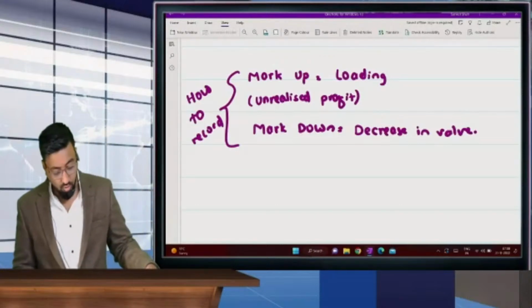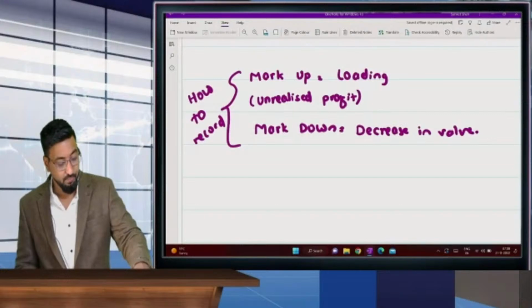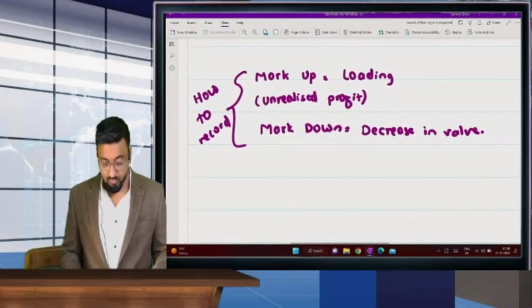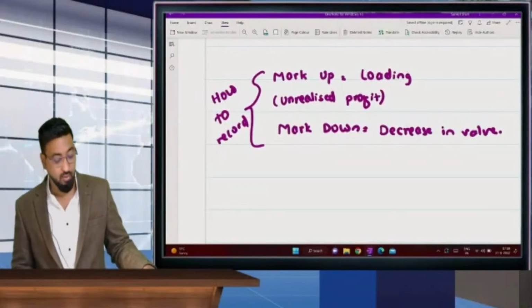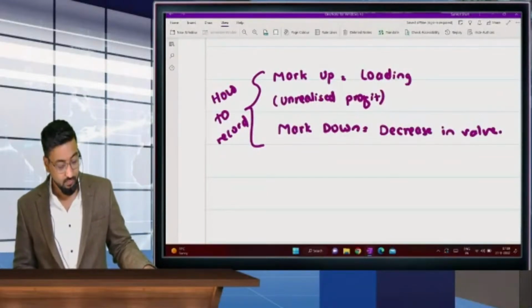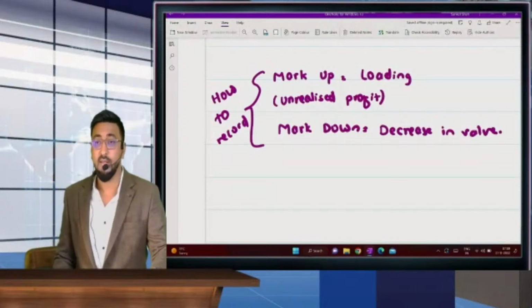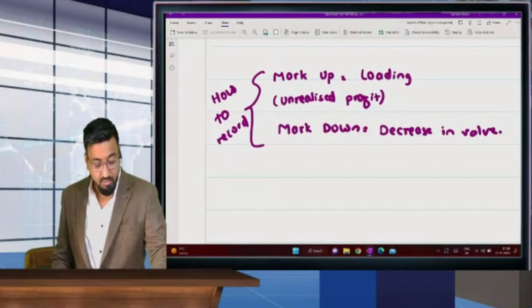चलिए, तो मार्कअप अकाउंट अभी आप पूरा ध्यान दीजिए. How to record markup account, loading, and markdown is nothing but a decrease in the value.